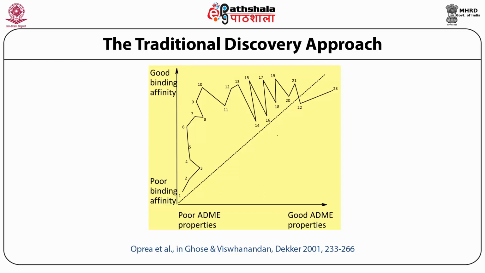And then we land up, or are expected to land up, at a compound at step 23, which should be quite near the binding affinity molecule as well as have a high ADME property. This is called the traditional discovery approach, used all the time.